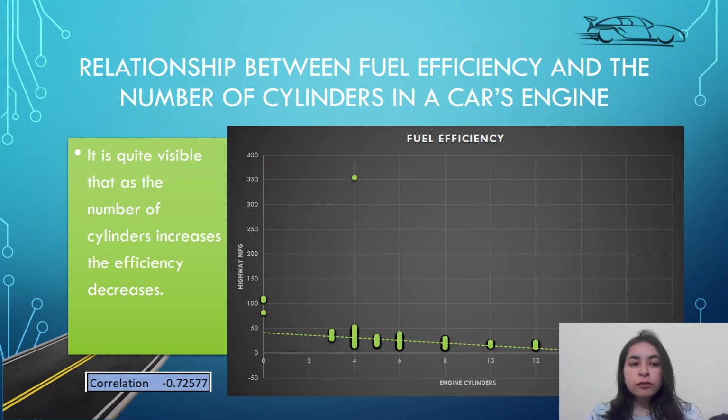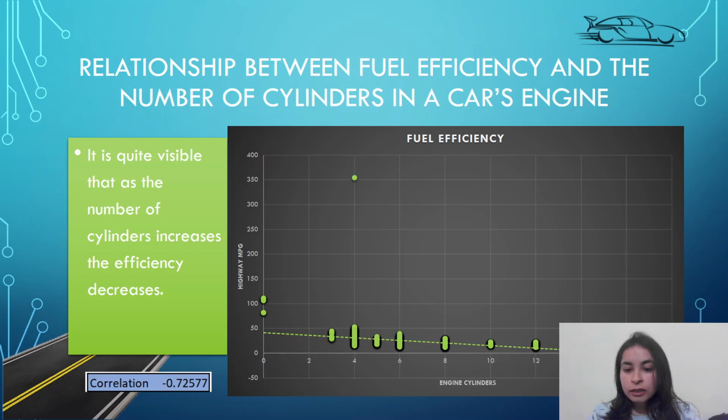Now our next task was building a relationship between the fuel efficiency and the number of cylinders in a car's engine. From the chart itself we can see that the line chart is showing a decreasing trend.